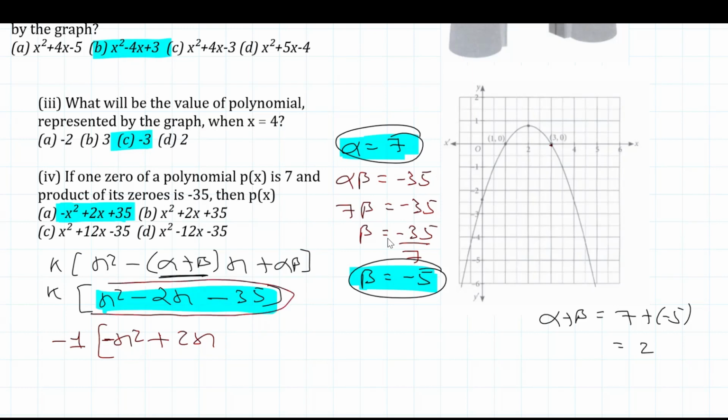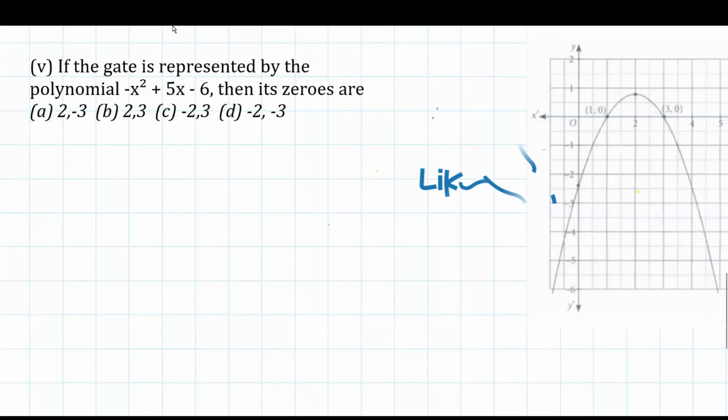I'm taking out minus common from here, so the sign will get reversed. That's why I wrote this as positive. This too will become positive. Now this, as I said, can take any real value as a constant. Now if you compare the answer, you will see that this is the same as the first part.